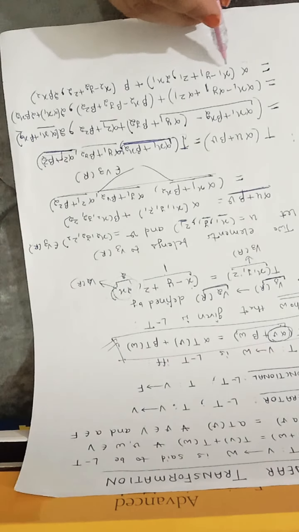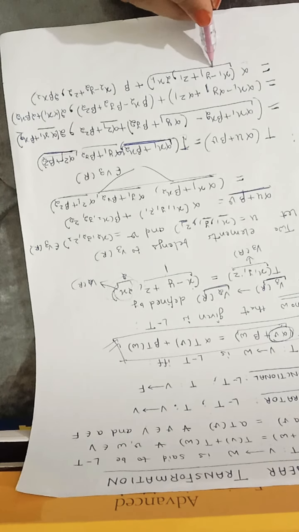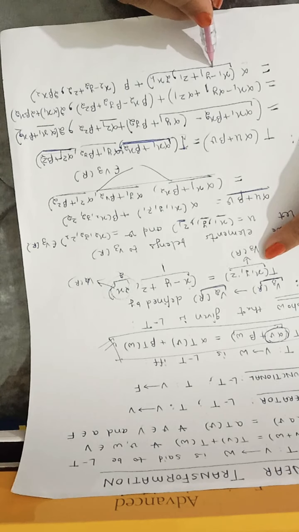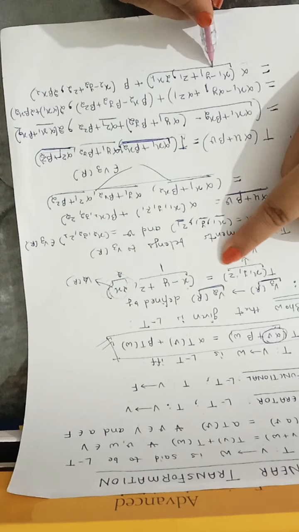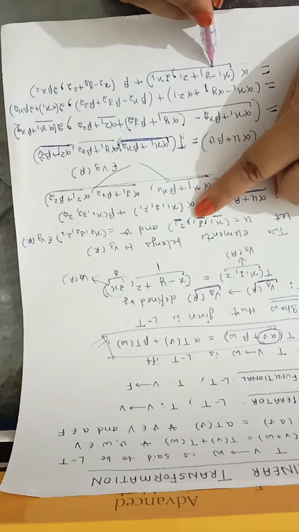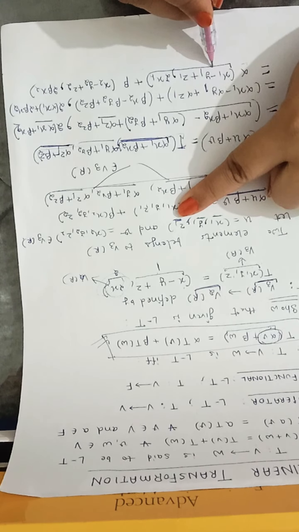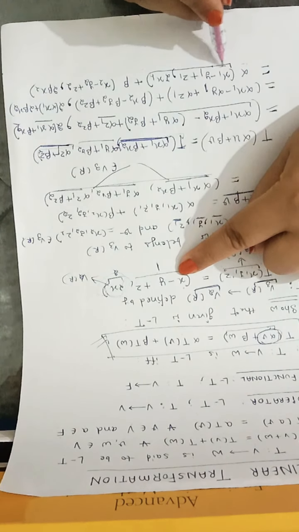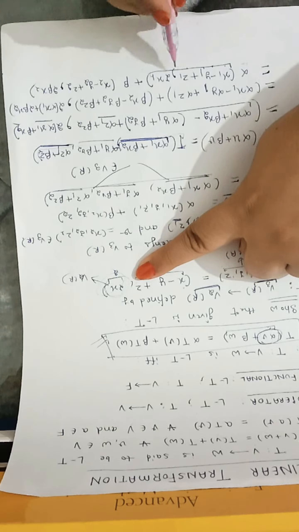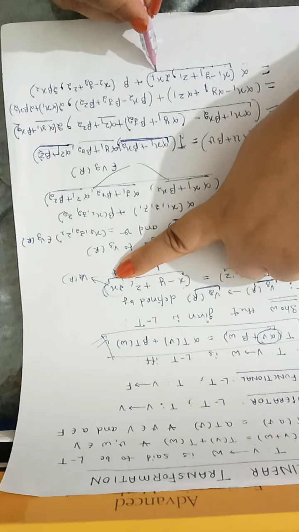Now clearly check this. By the definition of T defined here, T of x1, y1, z1 is what? x1 minus y1 plus z1, comma twice of x1. Right?